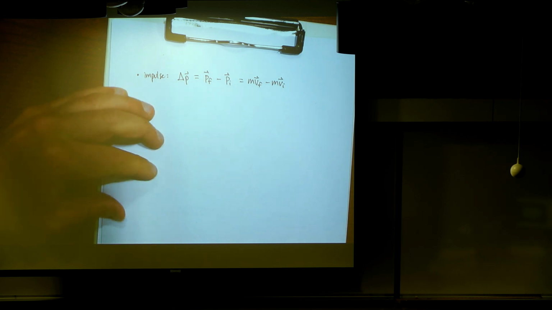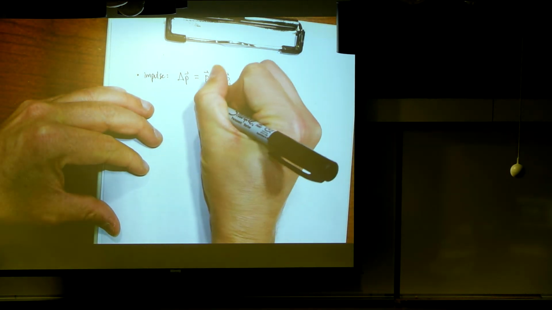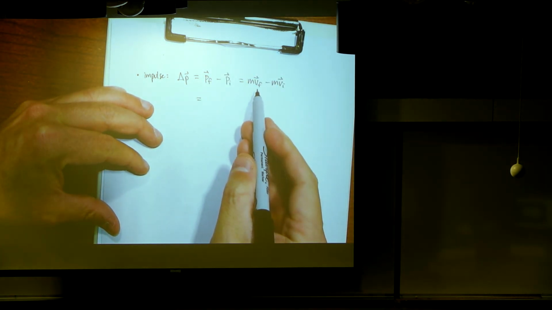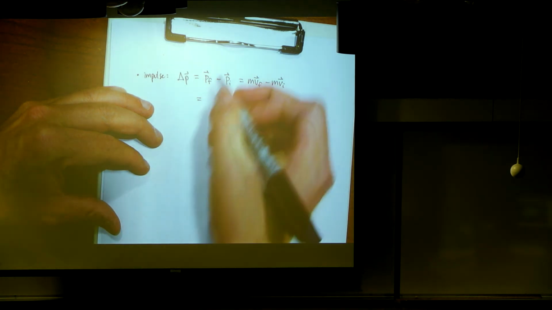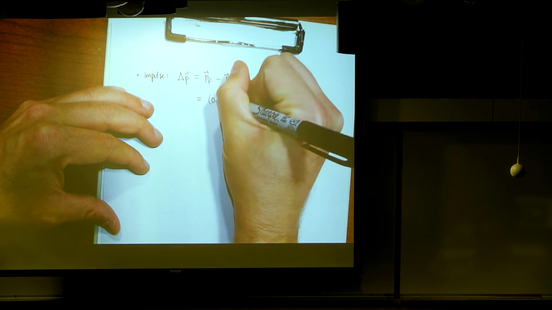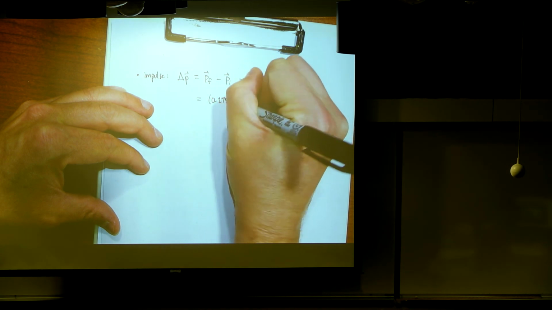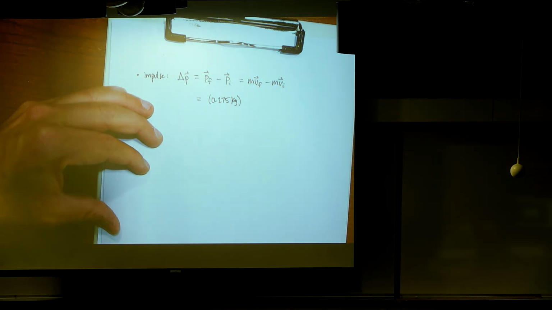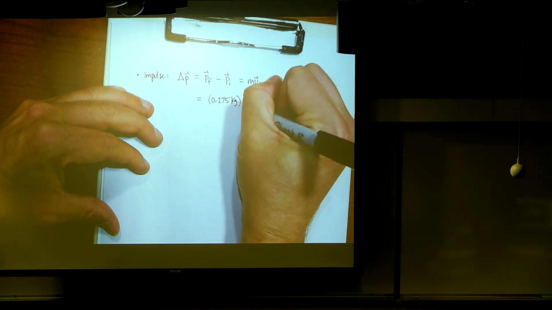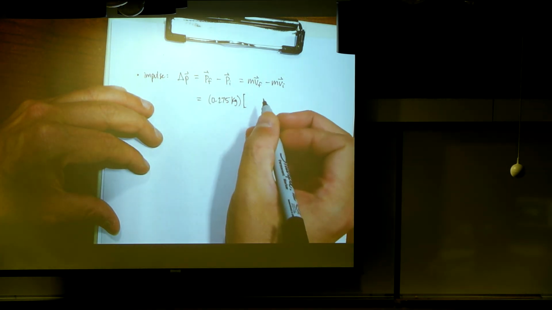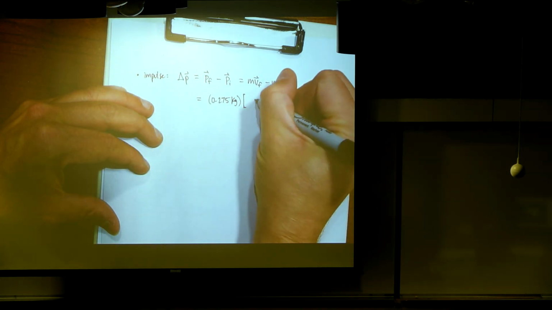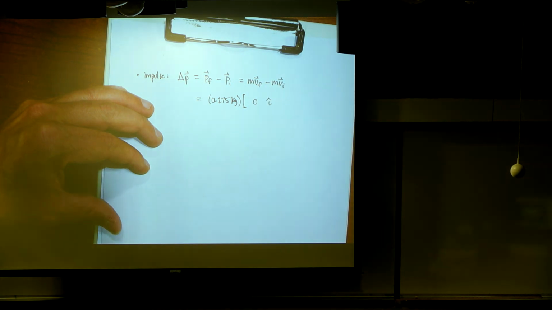So here's how we're going to do that. I have mv final. I'm just going to write that vector down. The mass is 0.275 kilograms, because 275 grams is 0.275 kilograms. And then v final is a vector, and that vector is only in the y direction. That means we could write it as 0 times i hat.